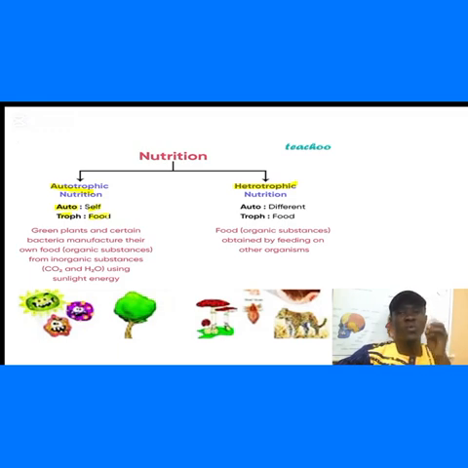These organisms produce their own food from inorganic substances that are not living. And under the autotroph, we have mainly green plants. You have to write the green there because it is only green plants that are producing their own food. And certain bacteria, not all bacteria, because some bacteria are parasitic.